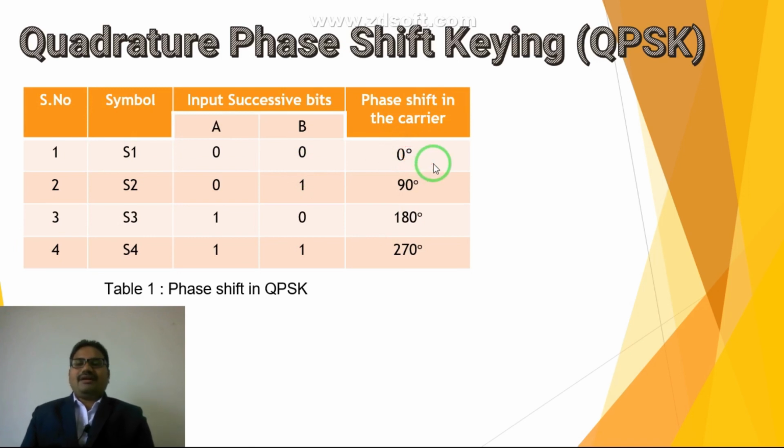But similarly, when symbol S2 is transmitted, that is bits 0 and 1, there is a phase shift in the carrier of 90 degree with respect to S1. Similarly, when we transmit symbol S3, that is the 1, 0 pair, there is a phase shift in the carrier of 180 degree with respect to S1. Then at the last, if you transmit symbol S4, that is 11, there is a phase shift in the carrier of 270 degree.